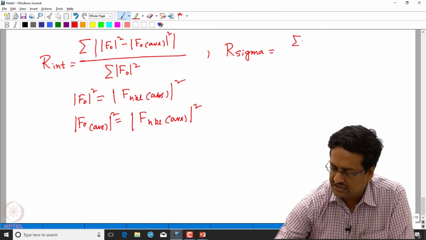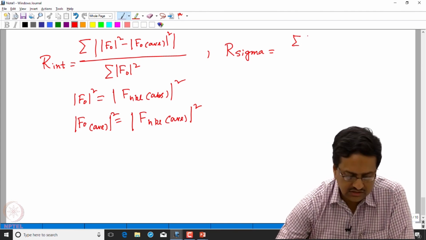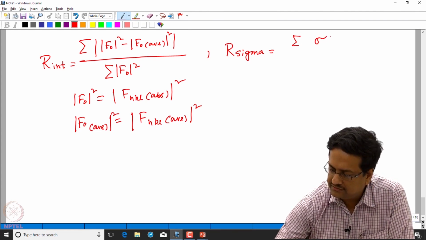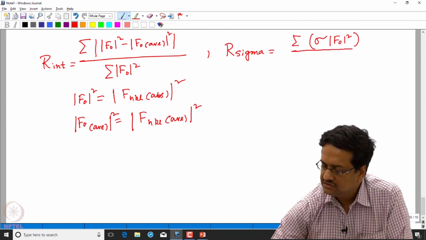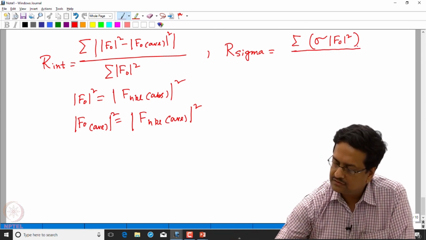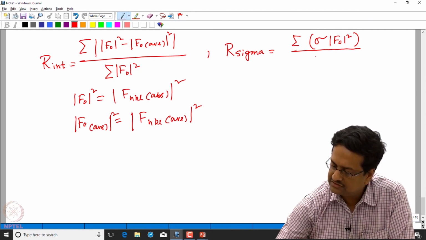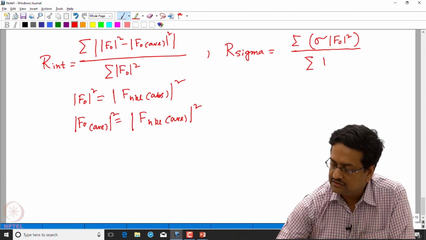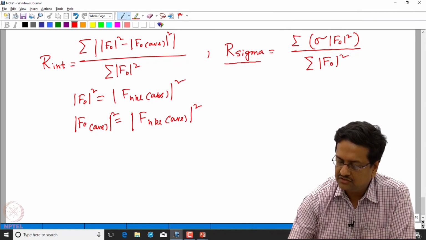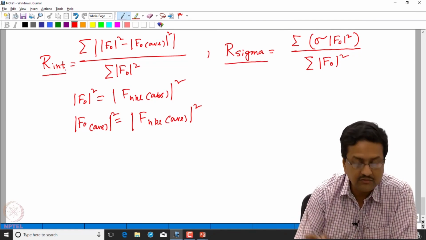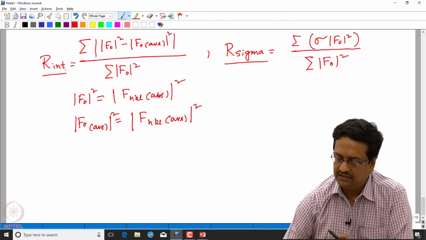So we take the sum of all the standard deviations of the individual measurements of the intensity, that is FO square, and then divide by the sum of FO square, that is the intensity. So we worry about these two quantities, R int and R sigma, at the end of this data reduction process.